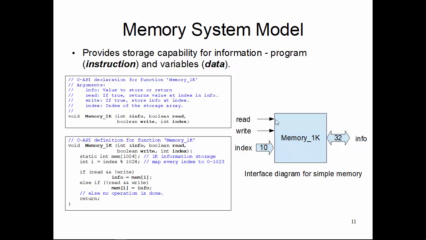So 1-bit signal to read, 1-bit signal to write, and the index is 10-bit, because I am trying to access 1024 locations, 1024 rows in a table where I want to store values. So basically it can be represented by just 10 bits. You don't need more than 10 bits for that.